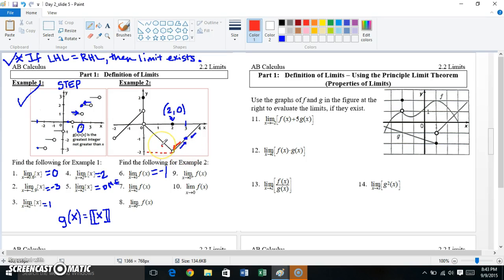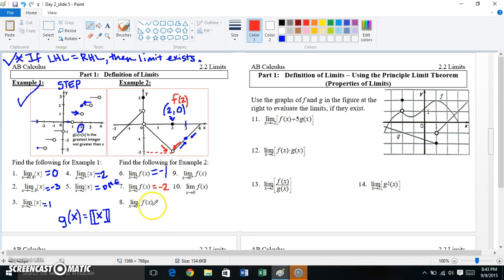And when I approach x equals 2 from the left-hand side, I also get -2. So this y value that I approach is -2, even though the function value is 0. Okay, so remember, I don't care what happens when I get to the point x equals 2. I care what I'm getting close to.